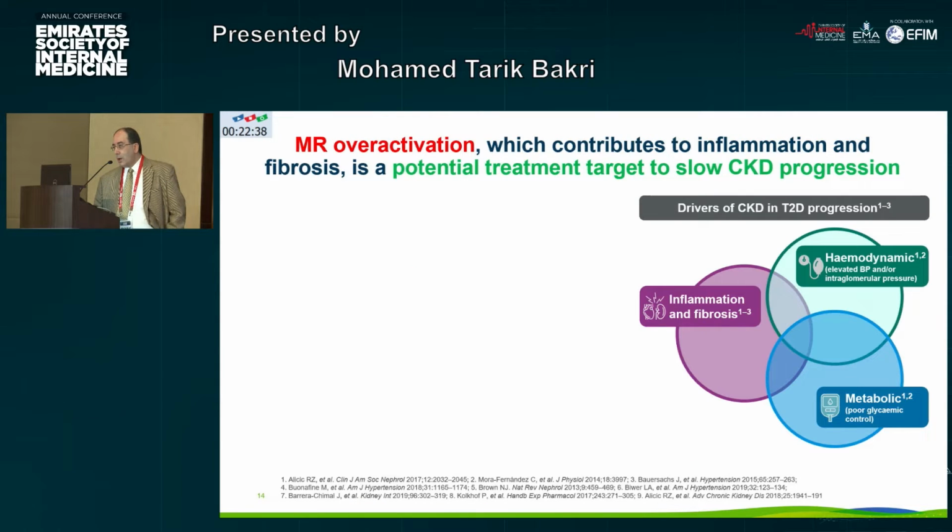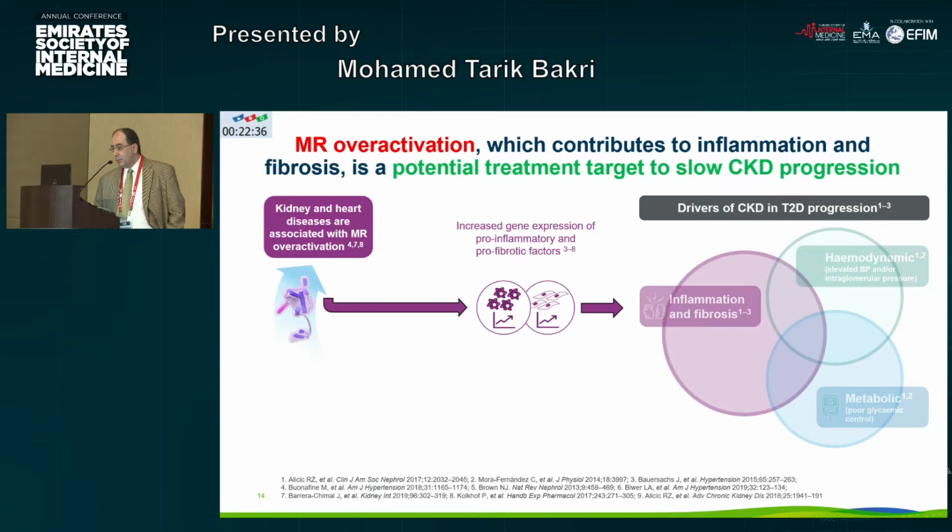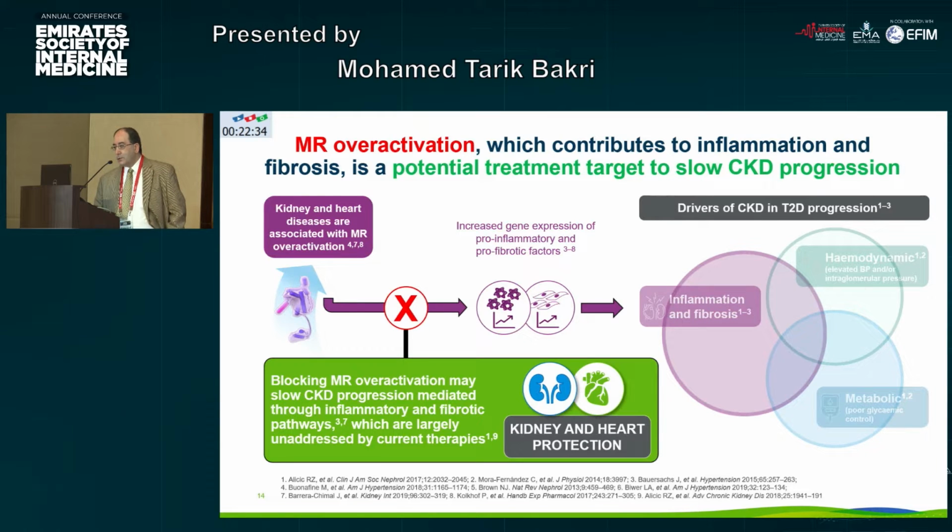So this is where the new medication comes in, by blocking this MR overactivation, helping to reduce the inflammation and fibrosis, and hopefully helping our patients with better survival and less morbidity.